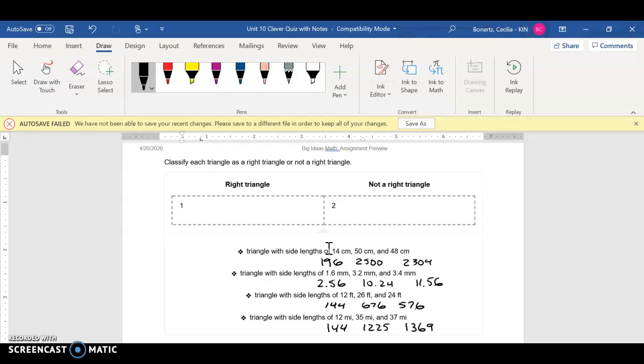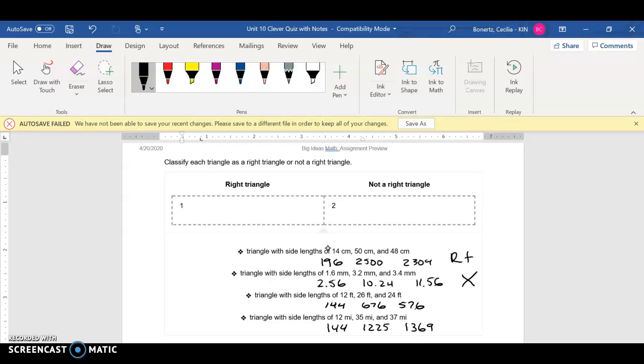So I know that if it's a right triangle, then the smaller two numbers are going to add to the bigger number. So 196 plus 2304 does equal 2500. So I know that that's a right triangle. I can tell just by looking at this 2.56 plus 10.24, that's going to be not a right triangle.